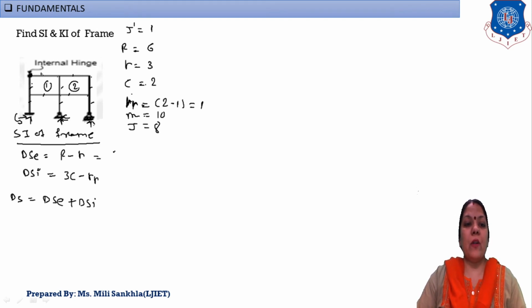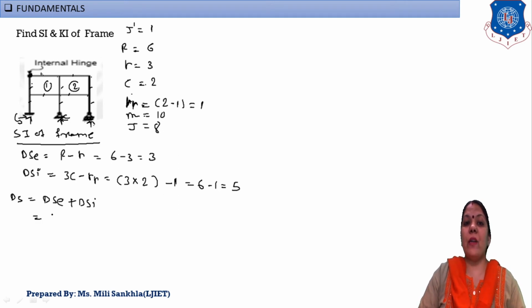Capital R we find is 6 and small r is equal to 3. 6 minus 3 is equal to 3. And C we find is 2. And minus RR, that means 1. 3 2s are 6 minus 1 is equal to 5. Now DSE we find is 5 and DKE we find is 3. 5 plus 3 is equal to 8.